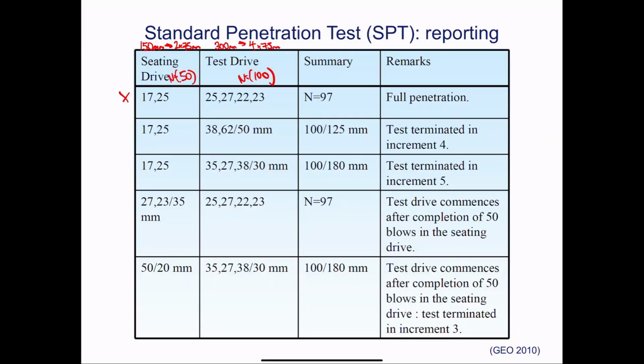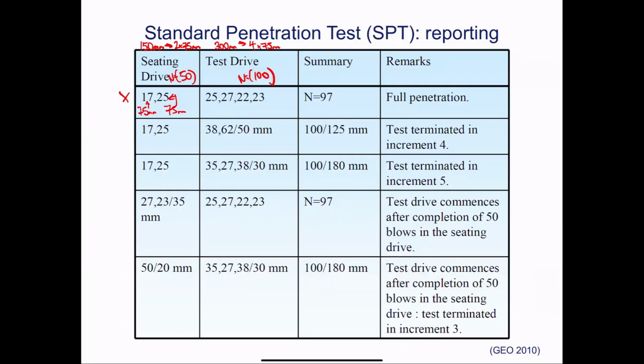So seat drive, we want to penetrate 150 millimeters. To penetrate the first 75 millimeters, it only took 17 blows. And to penetrate the next 75 millimeters, it only took 25 blows. And combined, you get 150 millimeters.